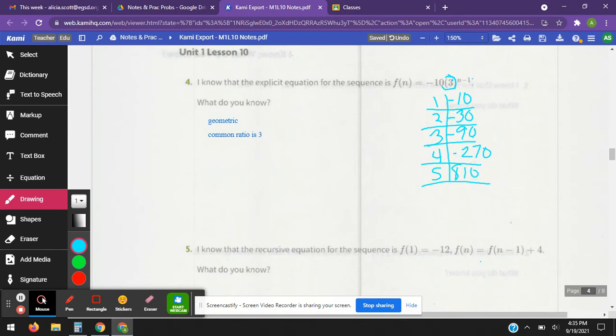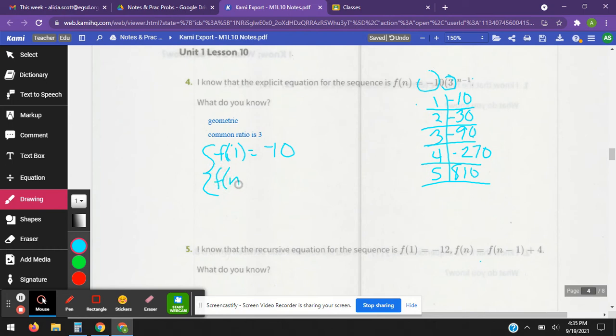All right, so now I've got my explicit, so now I'd better come up with my recursive. F of 1, my first term, is -10. That's what I started with.